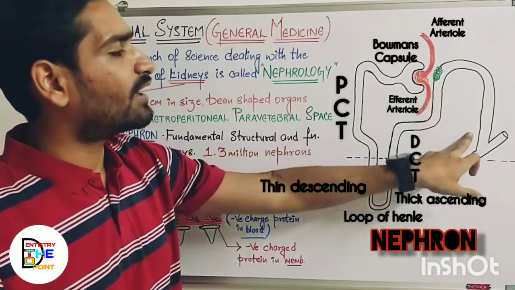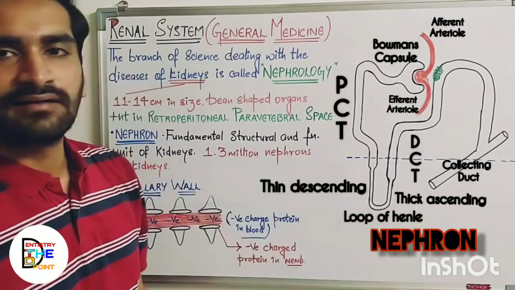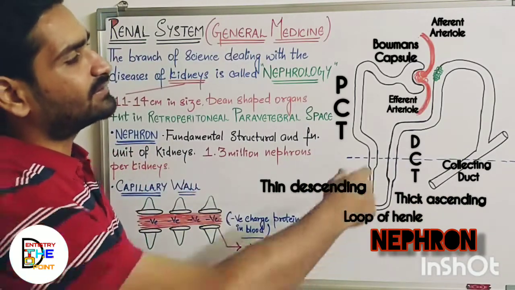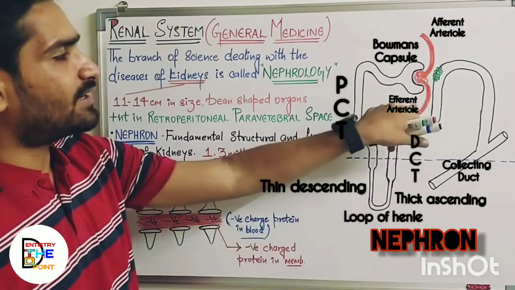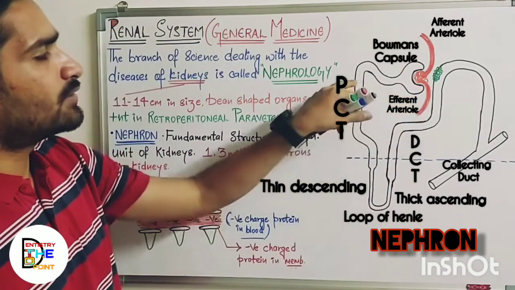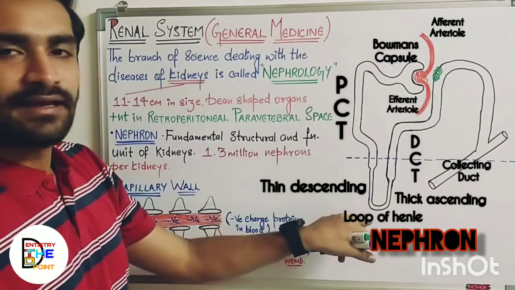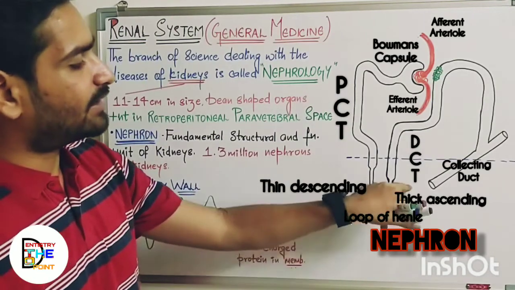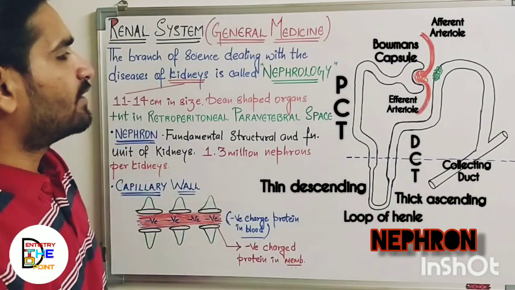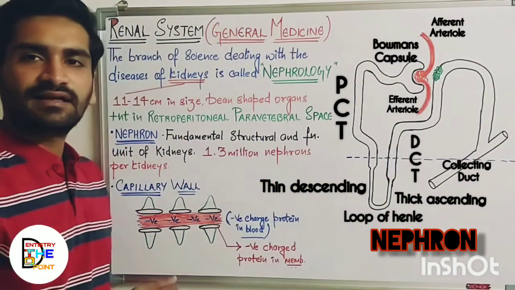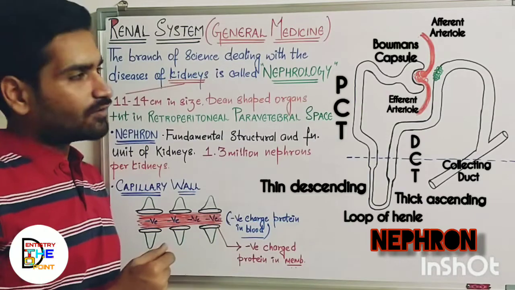Then we have our collecting duct and here it ends. We'll revise it once again. Afferent arteriole forming the tuft of capillaries, then efferent arteriole, Bowman's capsule, PCT, thin descending segment, thick ascending segment, distal convoluted tubule and collecting duct. So this was a basic structural overview of a nephron.